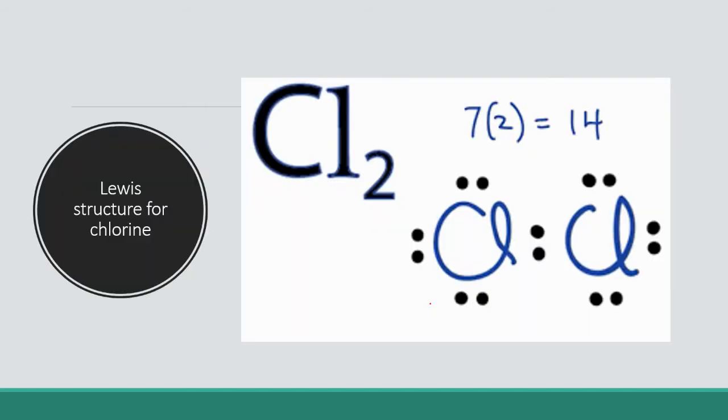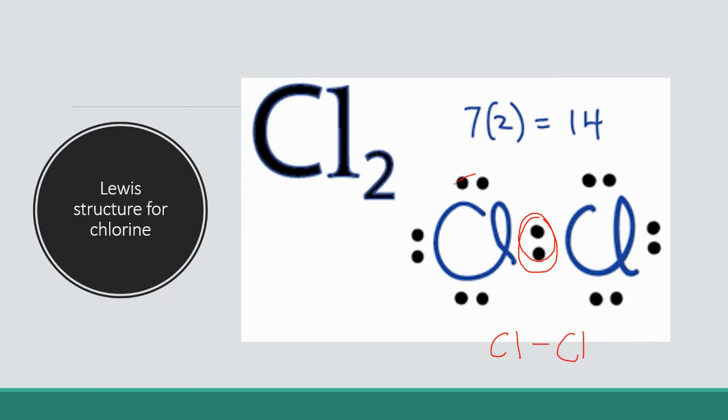This is another example. This is chlorine, Cl2. All the halogens form, so halogens are group 17. And so we've got chlorine, so these are the bonding electrons between the atoms. Okay, so Cl, we could draw it like this.